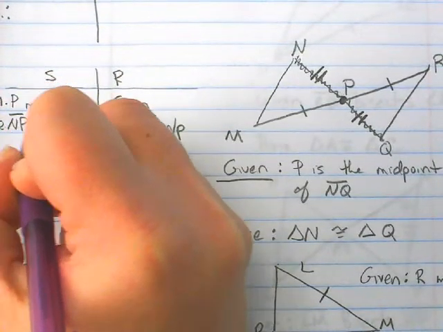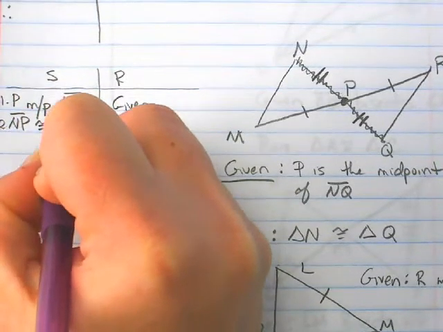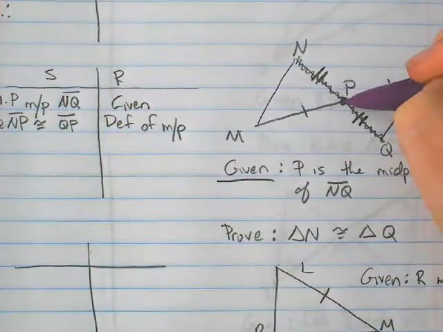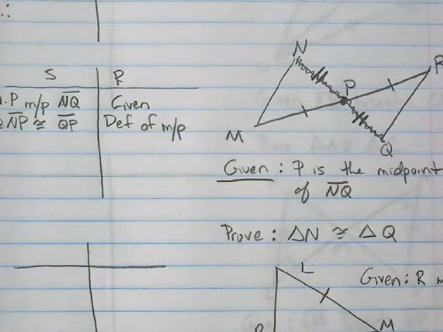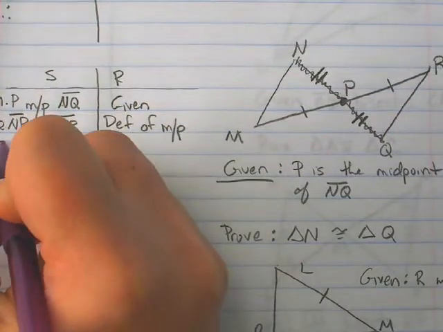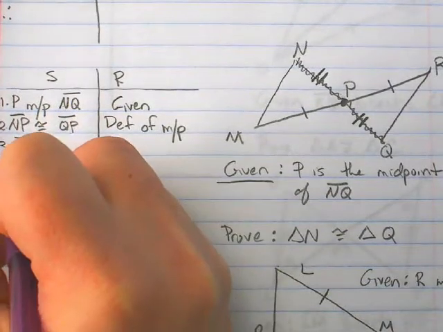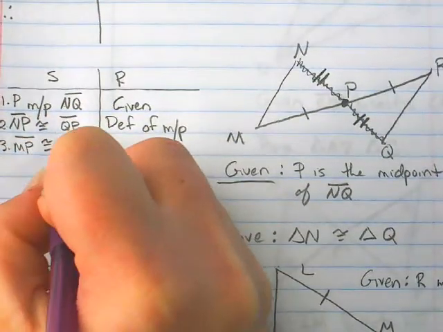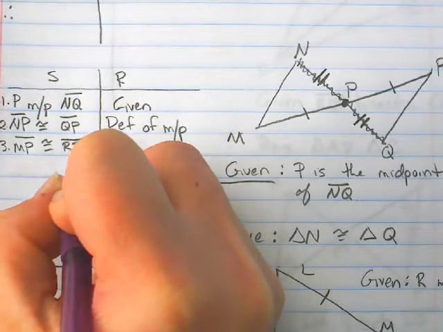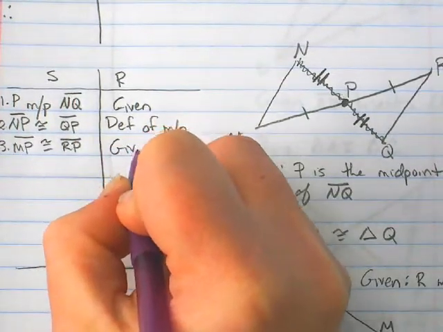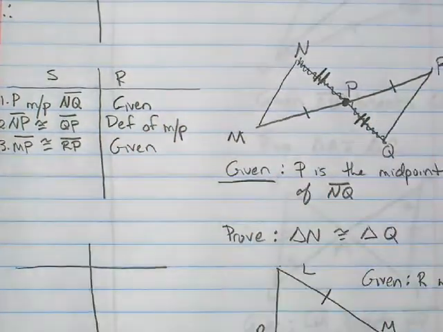Side NP is congruent to side QP because of the definition of midpoint. What else do I see? I see two other segments that are marked. So that is MP congruent to RP, and that is given again because it was marked already.